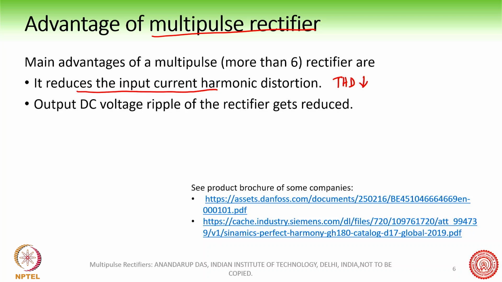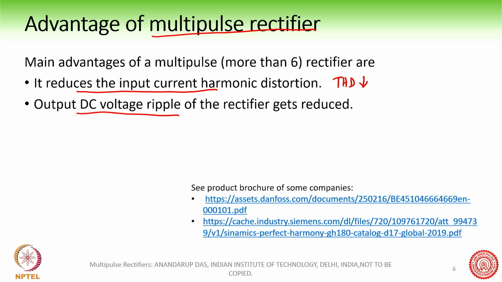But it also has another advantage: the output DC voltage ripple of the rectifier gets reduced, which means the output voltage is getting closer and closer to pure DC. This is what we expect. Ultimately this is a rectifier. We want to convert AC to DC, and the better the DC, the better the output.